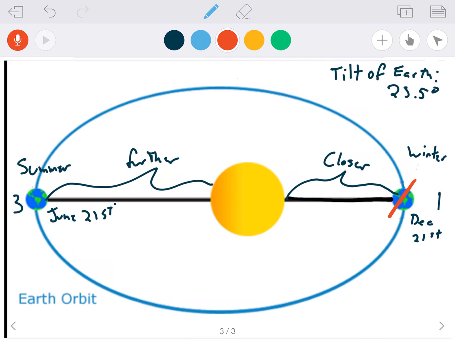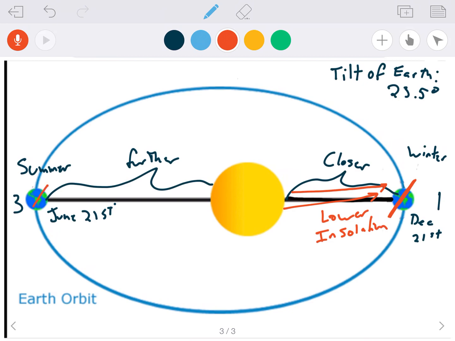So the northern hemisphere is pointed away from the sun's rays, making it cold. There's lower insolation, lower incoming solar radiation, or lower angle of insolation, so it's colder, right? When I go over to summer, my tilt stays the same way.